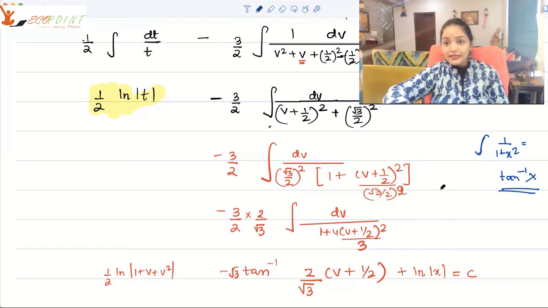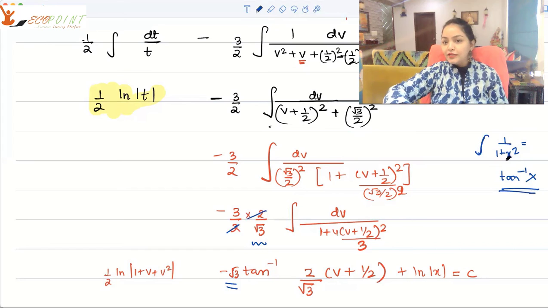You'll be substituting this as t. So again, t or u you can take. So dv will be some du. You'll have root 3 by 2 out here, which cancels, and you will get root 3 here. And this will turn into tan inverse of 2 by root 3 times (v plus half).